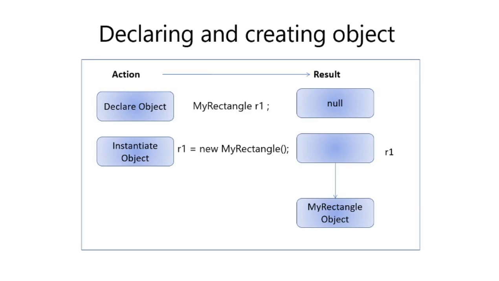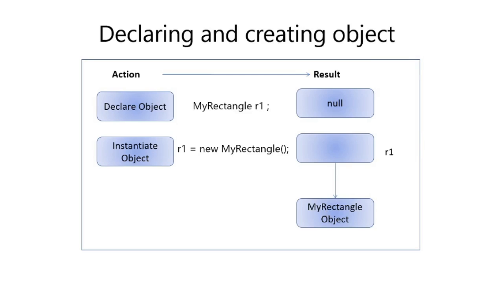How to declare and create the object, which we just saw, is depicted in this figure. You can declare the object. So what is the action? Declaration of the object, like this: MyRectangle R1. Whenever you declare the object, initially this R1 has a null reference. Then instantiate the object. After the object is created using the new keyword, R1 points to the object, and here is the MyRectangle object. The MyRectangle class will have some members and some methods.